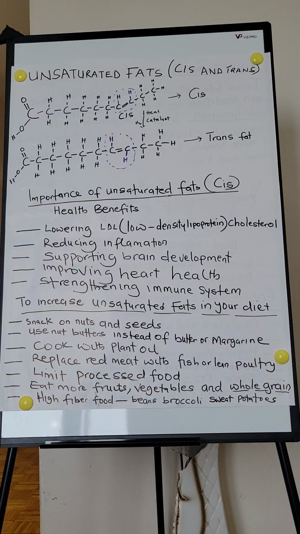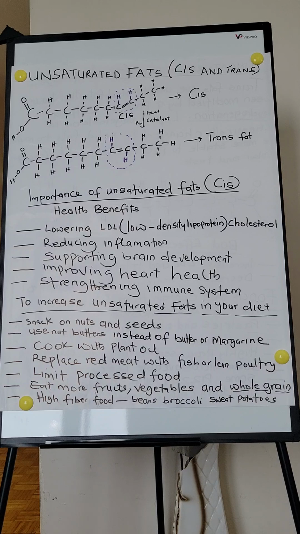We are advised to replace red meat with fish or lean poultry, that is, limit the amount of red meat we consume and eat more fish or lean poultry like chicken. Trim the fat, and limit highly processed food like hot dog, sausage, and bacon. Then we should eat more fruits, vegetables, and whole grain.